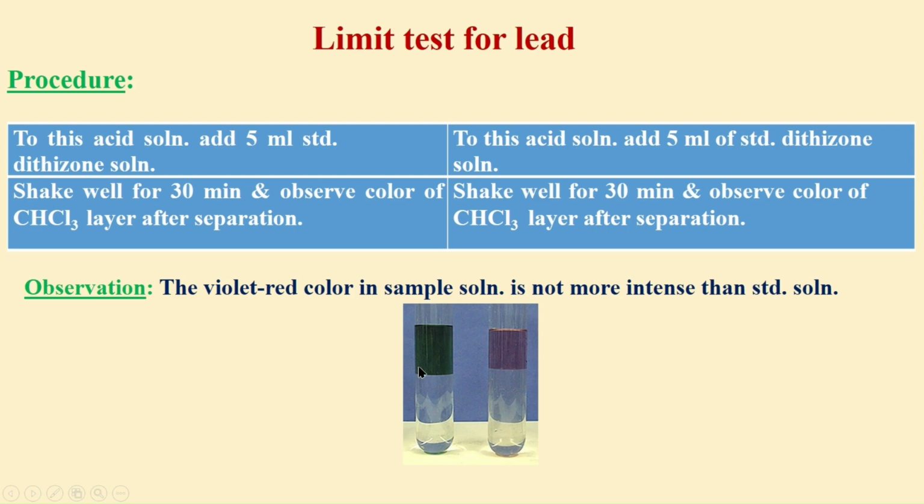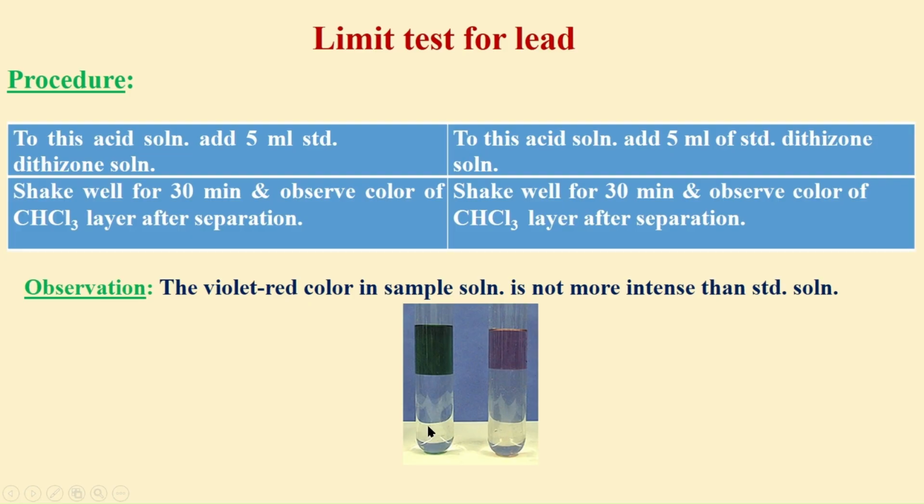Here you see it will be green in color before. When I add 5 ml of this dithizone solution, after 30 minutes it forms violet red color as shown here.